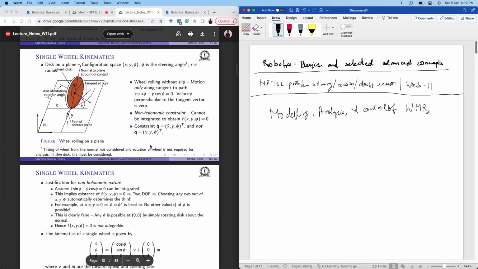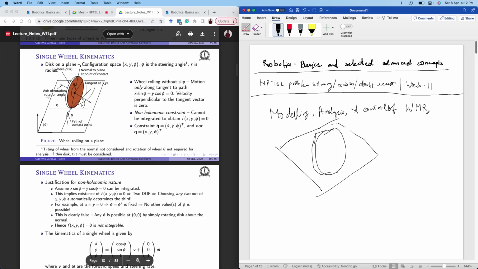In single wheel kinematics, the initial case that has been considered is that there is a wheel on a surface, and the wheel is rotating.